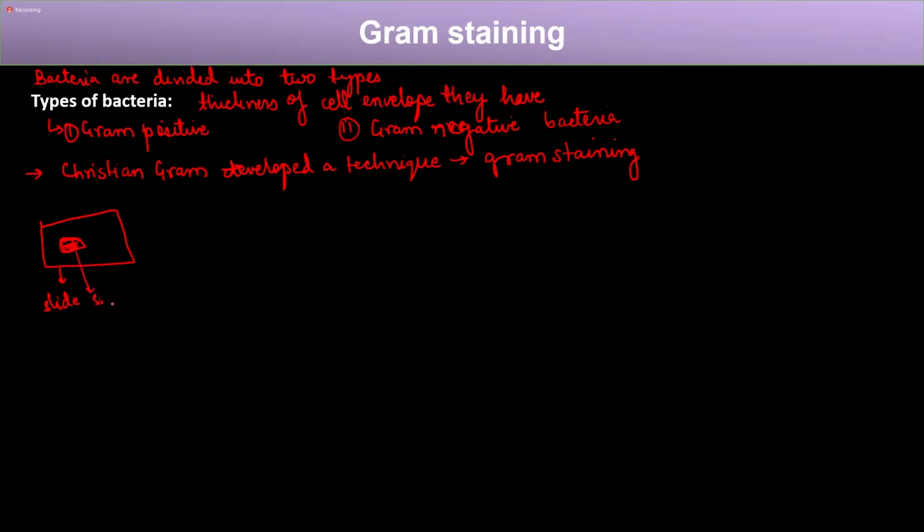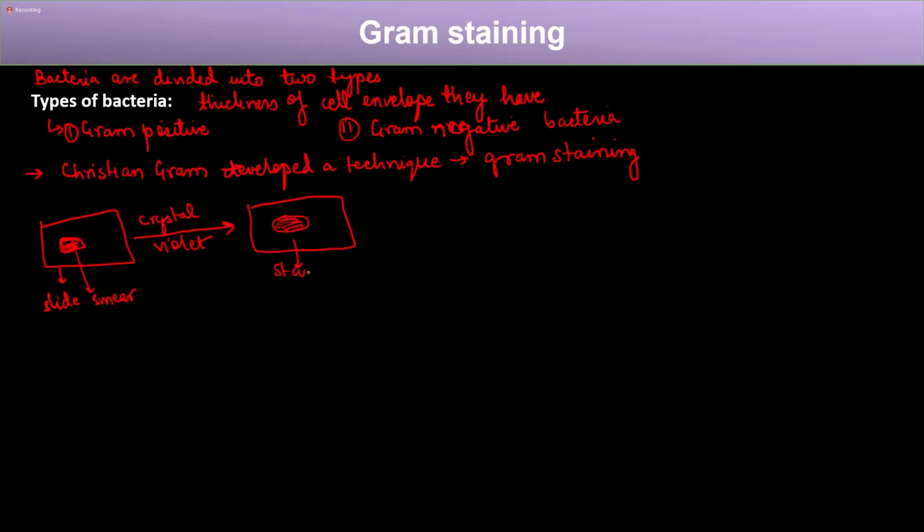That thin layer is known as smear. After spreading, you add a dye over it, and this dye is known as crystal violet. So you stain the sample with a dye.